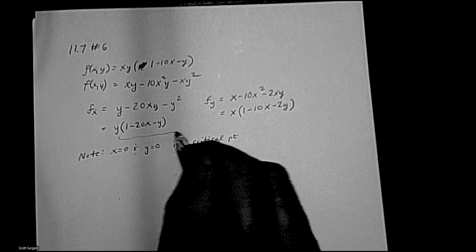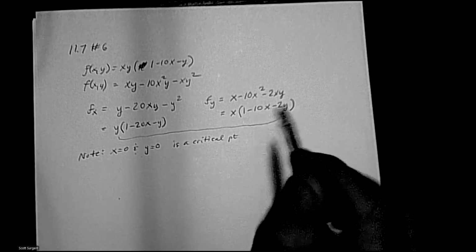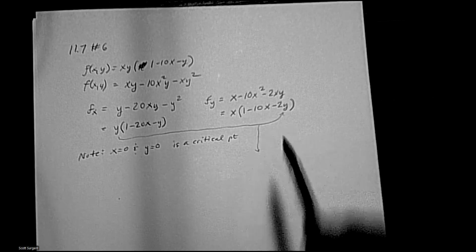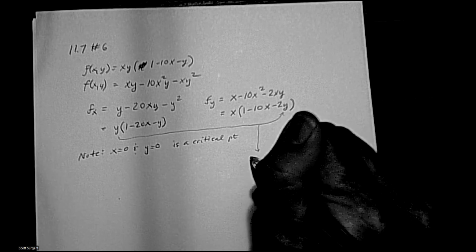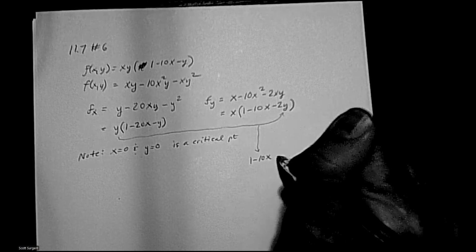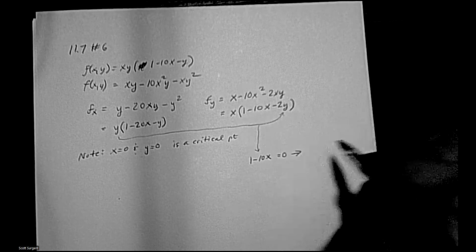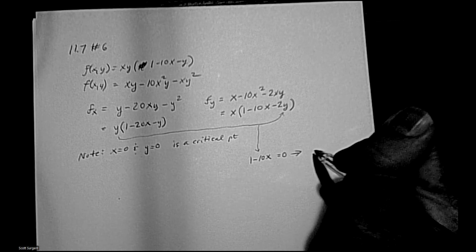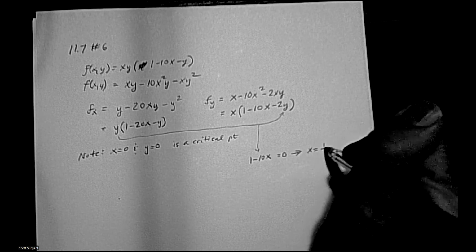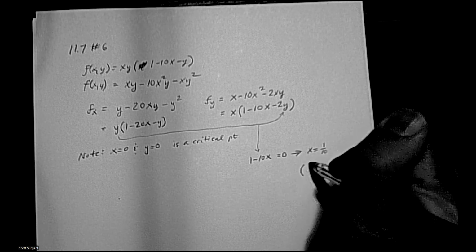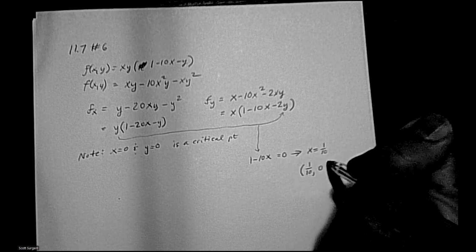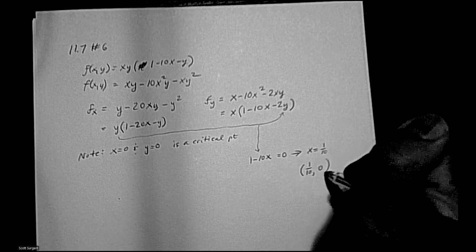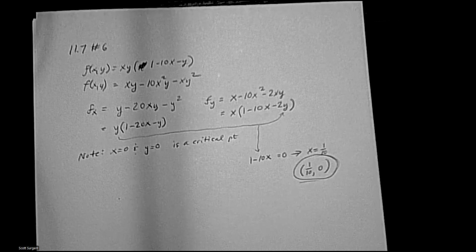I'm going to draw a light arrow like this and follow the arrows. That's going to make 1 minus 10x, and we want to make that zero. That's going to force x to be 1/10. So suddenly you've got another critical point, 1/10 and 0, and whatever z is. Okay, so that's another critical point.